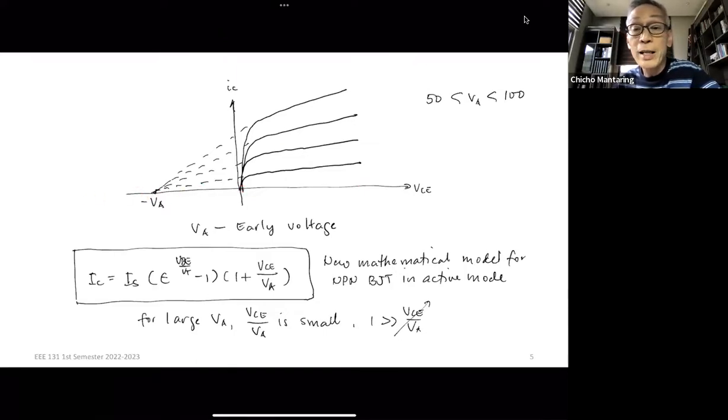So you can see that the value of V sub A relative to VCE will really be large. So are there any questions? Remember this, because moving forward, this is what we're going to use when we discuss transistors and amplifiers later on in this course, specifically when we get the small signal model of the transistor. Are there any questions?